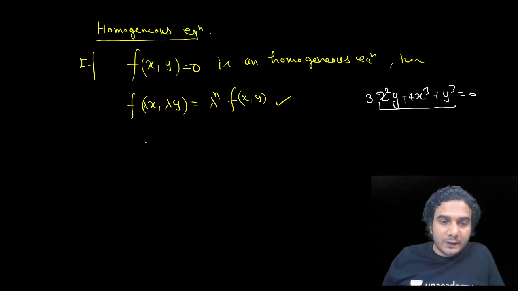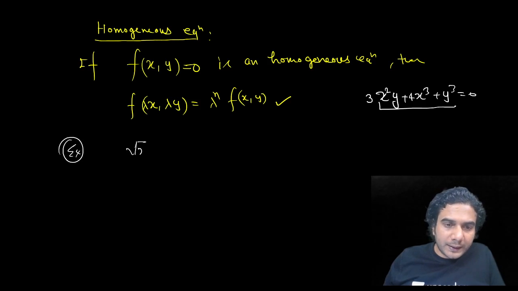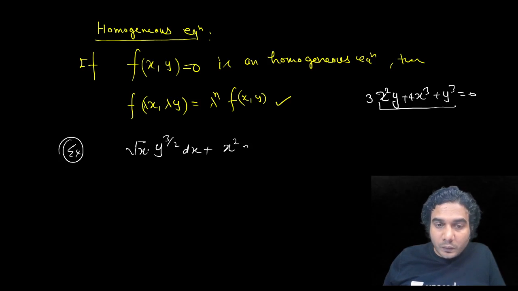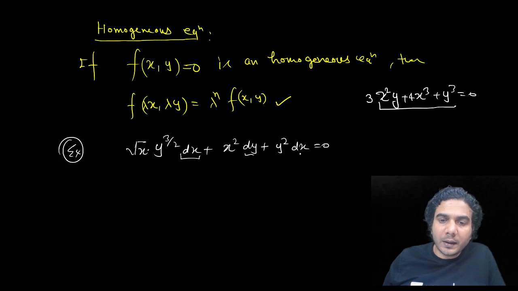Similarly, in a differential equation, if I write an example, it is like root x into y raised to 3 by 2 into dx plus x square dy plus y square dx is equal to 0. I'm not considering the degree of dx or dy, or you can consider them degree 1. Leaving these aside, the degree of each term containing x and y is basically 2. 1 by 2 plus 3 by 2 is 2.